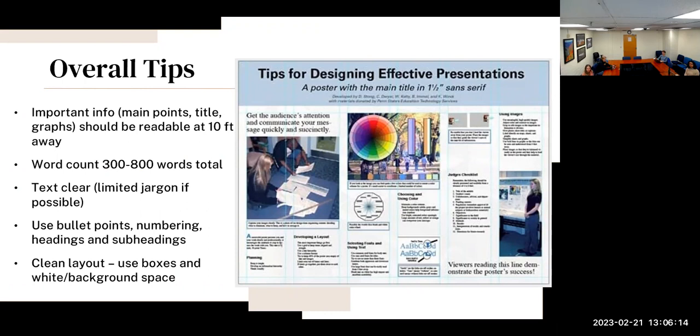You want to have at least the title and some important points or graphs at a larger font size so they can be read or seen, so someone is interested and attracted and comes over to the poster. They suggest having the main title in a 1.5 inch sans serif font, and you can find sans serif and serif fonts in your Word documents; it's pretty easy to select them.